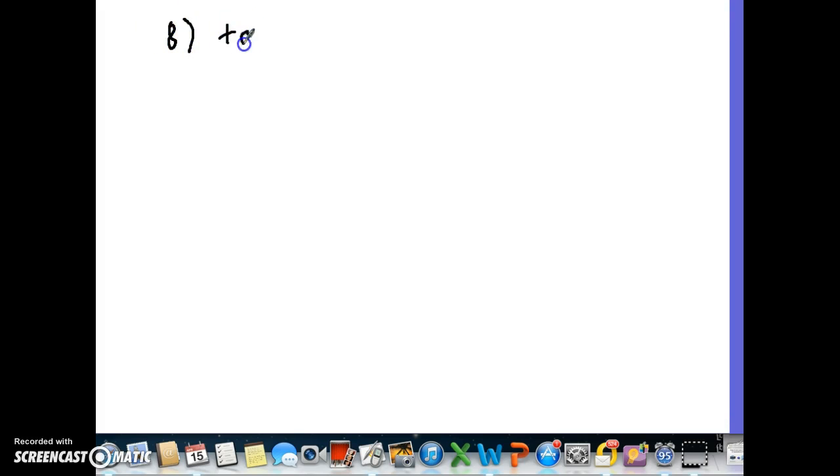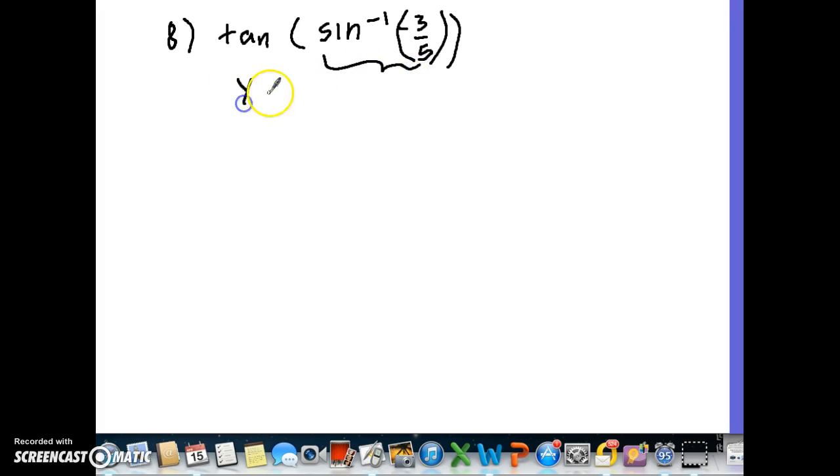Looking for the tan of this angle whose sine is negative 3/5. So this is our angle here, and let's call it angle y now. y equals sine to the negative 1 of negative 3/5.